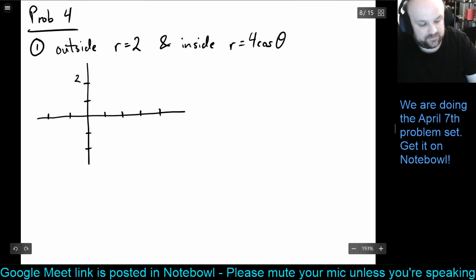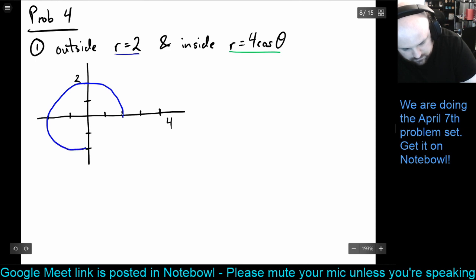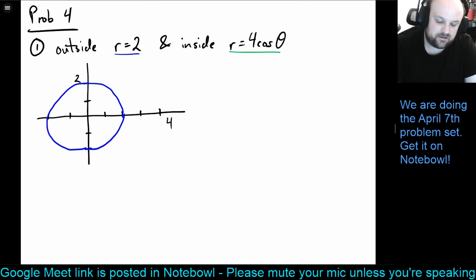So the graph of this, I'm going to do this one in blue, this one in green. All right, r equals 2 is an easy one. That's just a circle of radius 2. So nothing terribly special there.